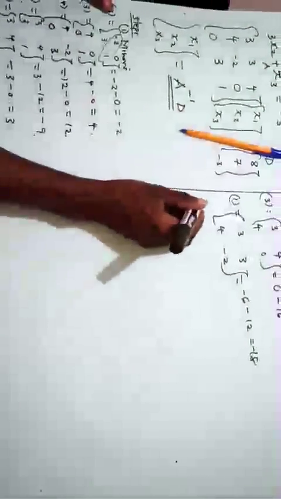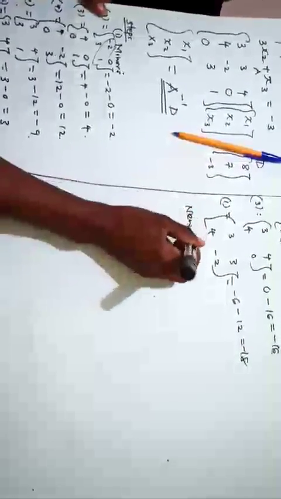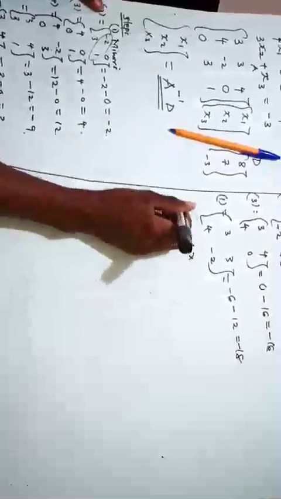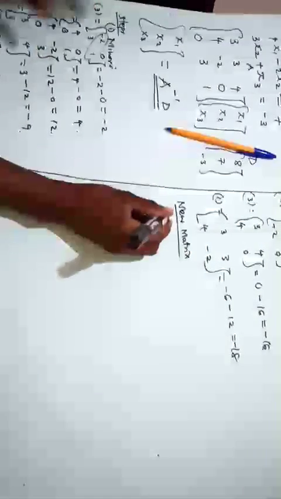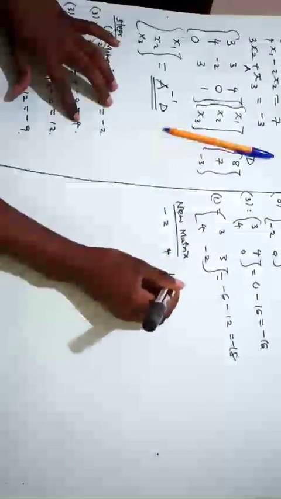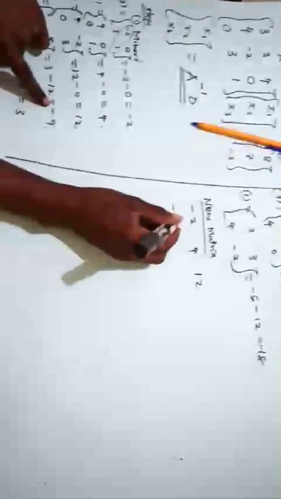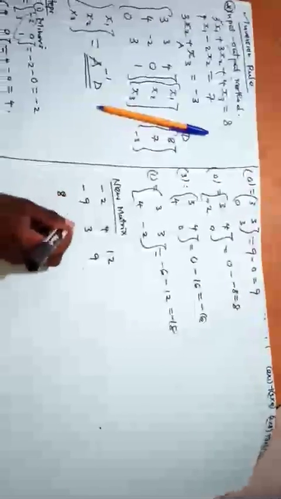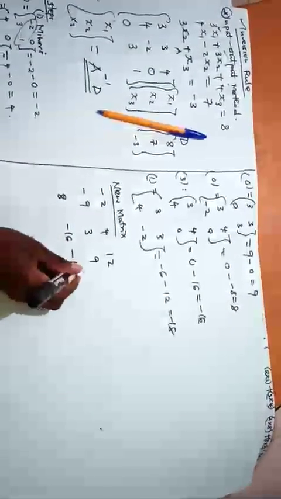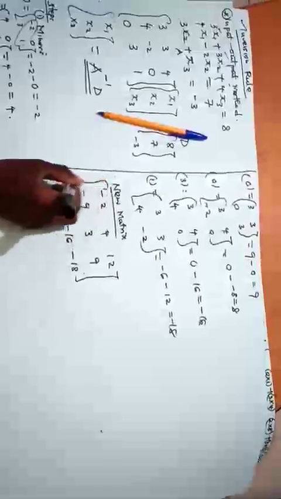So we have our new matrix now: negative 2, 4, 12, negative 9, 3, 9, 8, negative 16, negative 18. So this is our new matrix.